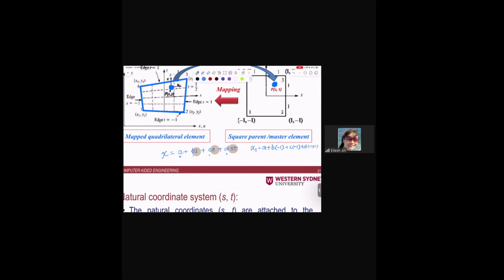Right? So this is the first equation. Similarly, we can write down the equation for x2, x3, and x4. Then we have 4 unknowns and we have 4 equations. We can solve for A, B, C, D. Okay. If you do try that, you will find this.